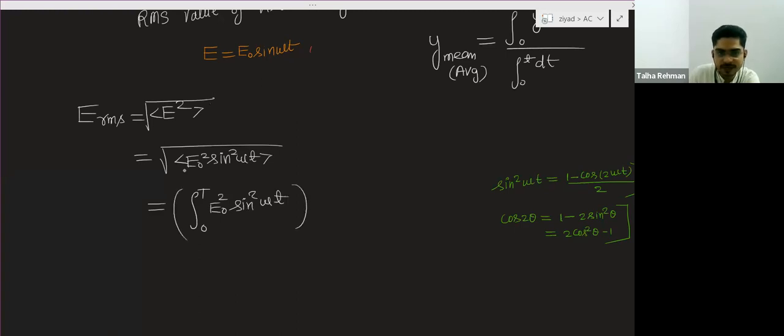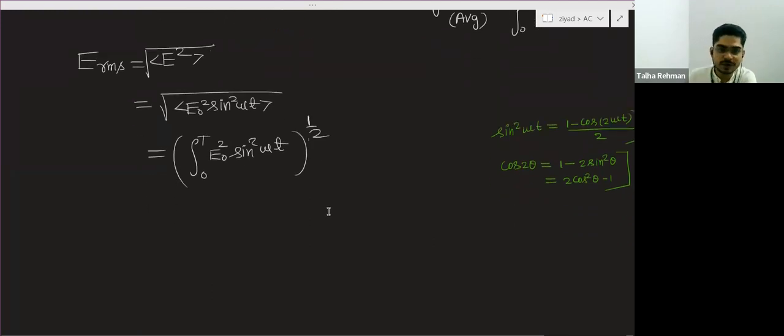I can write this to the power half, because this is under root, and under root can be written as whole to the power half. Here the integration dt will be 0 to T.